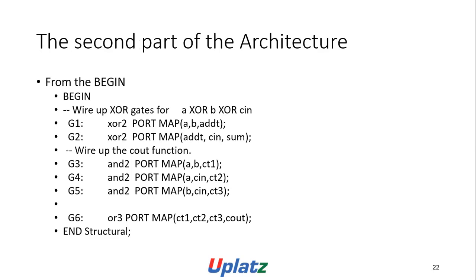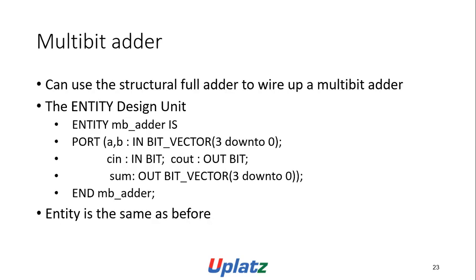Wire up the carry: G3 AND2 port map A, B, CT1. G4 AND2 port map A, C in, CT2. G5 AND2 port map B, C in, CT3. G6 OR3 port map CT1, CT2, CT3, and CO. End structural.